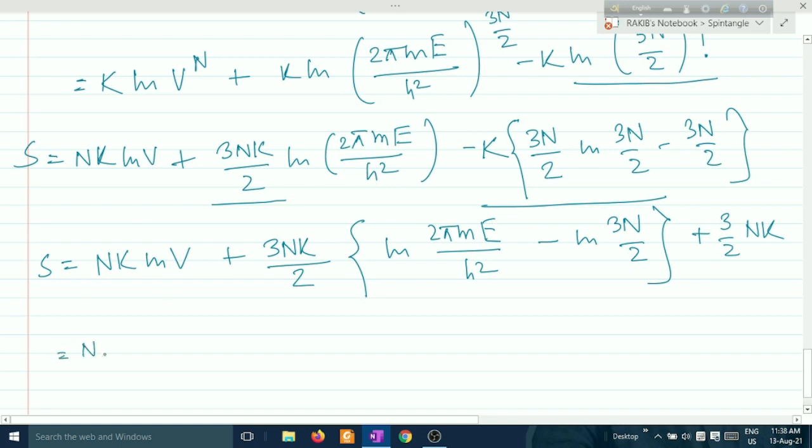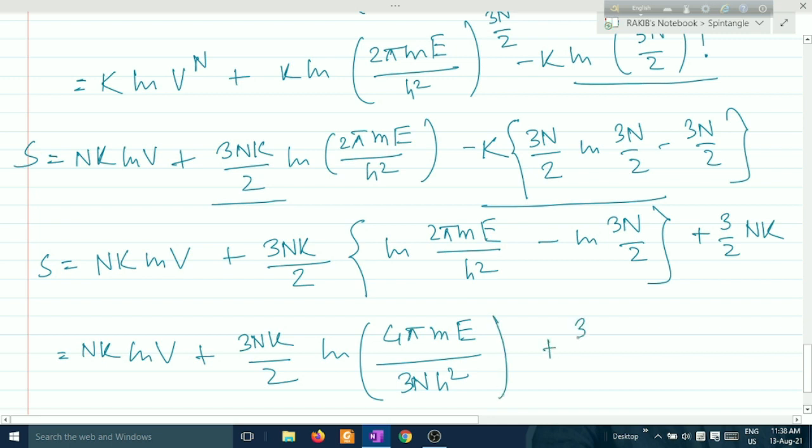This means nk ln V plus 3nk by 2, ln of 4 pi me by 3n, plus 3 by 2 nk. Sorry, I think this is correct. This is the formula of entropy.